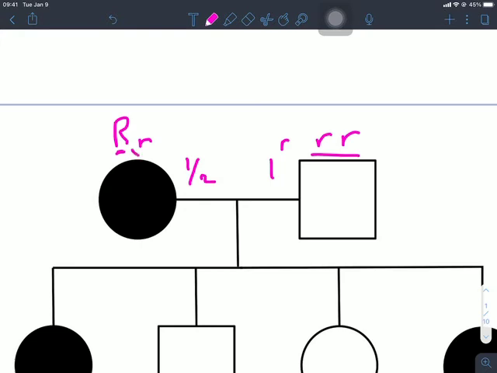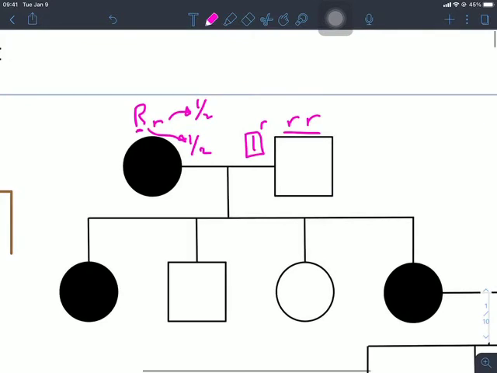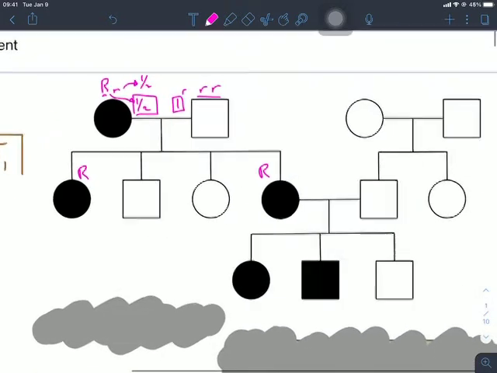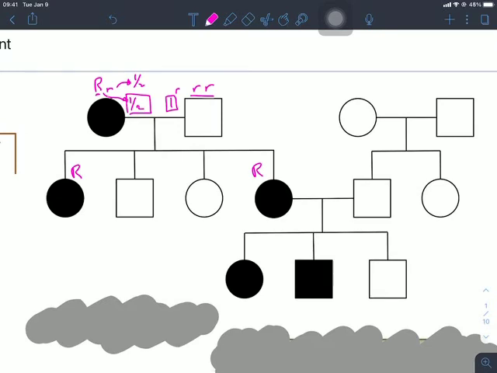So you had a chance of getting a big R of 1/2, a little r of 1/2 from this parent, and you were always given this allele. This meant that you had a 1/2 chance of producing progeny that carried the big R allele. And indeed, in this pedigree, we saw that probability bear out.